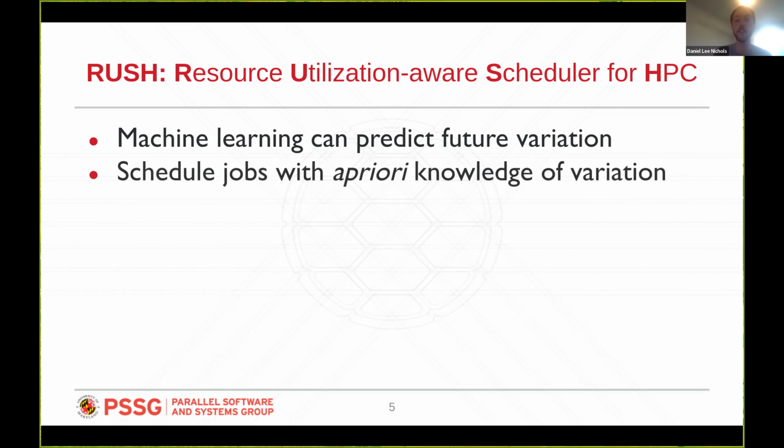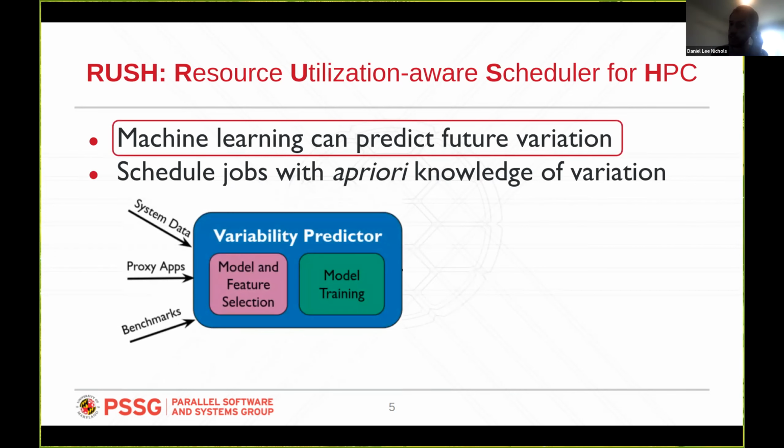Our other insight is that if we know that variation is going to occur ahead of time, we can modify our scheduling algorithm to more efficiently schedule jobs such that we can reduce variation with that knowledge. With these two insights, we split RUSH into two main components that align with them.